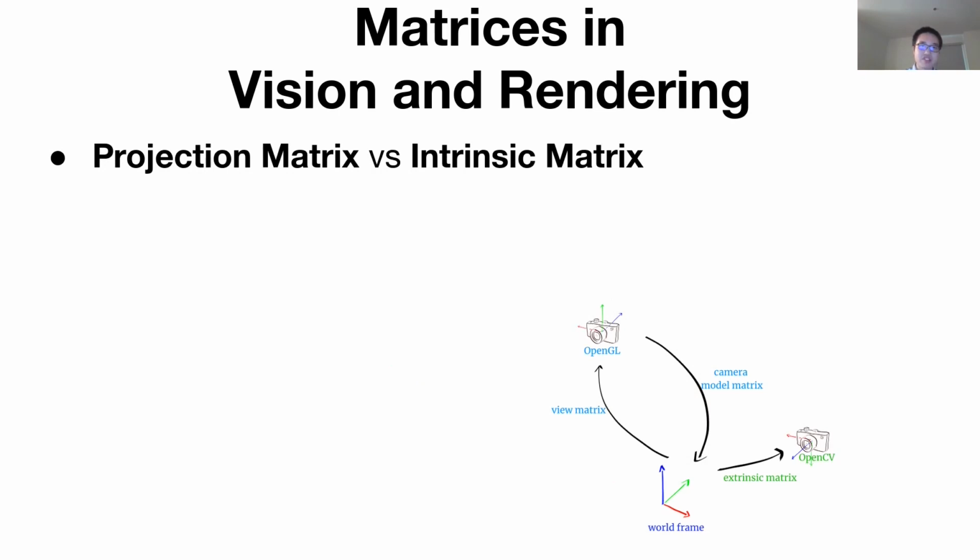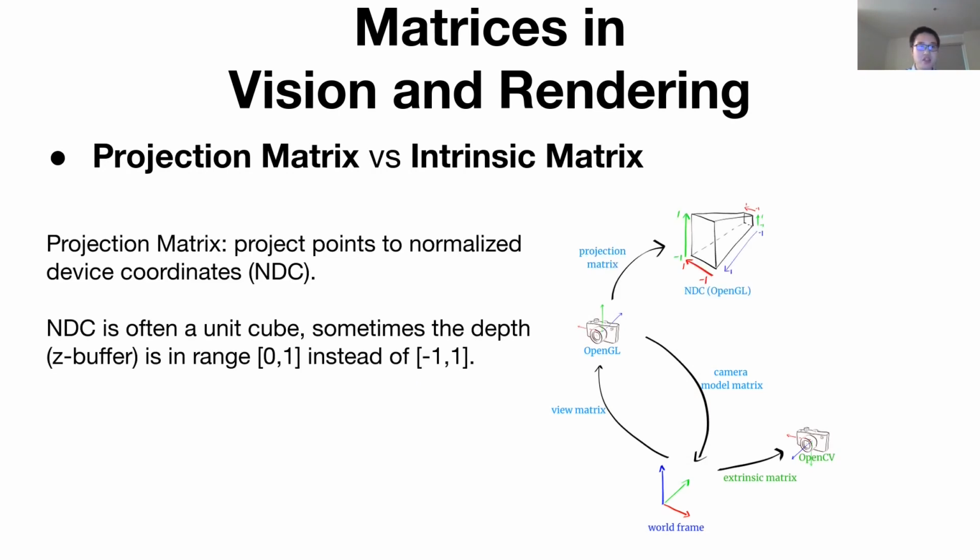The next pair of matrices to compare are the projection matrix and the intrinsic matrix. The projection matrix projects points in the rendering camera frame into the normalized device coordinates, or the NDC frame. And for most rendering applications, such as OpenGL, the NDC would be a unit cube. But sometimes the depth dimension or the depth buffer is in the range of 0 to 1 instead of the range of -1 to 1.